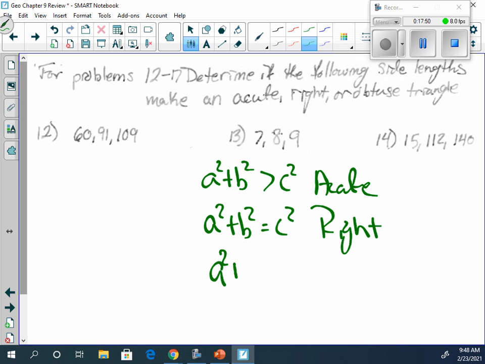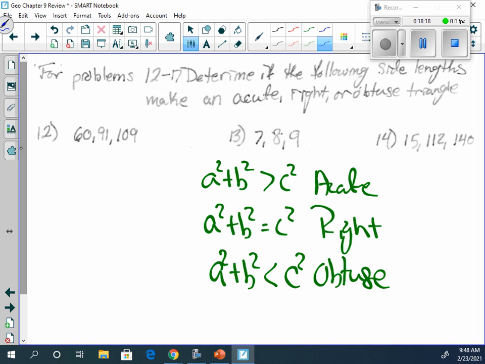And a squared plus b squared is less than c squared if it is obtuse. We'll use these here to determine if it is right, acute, or obtuse. Now all we have to do at this point is plug the numbers in.